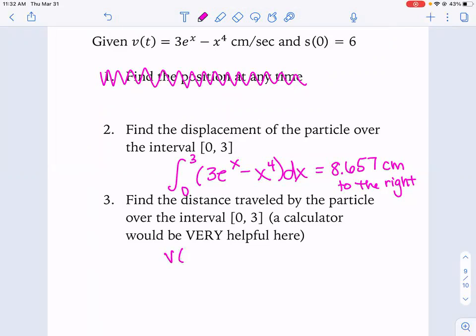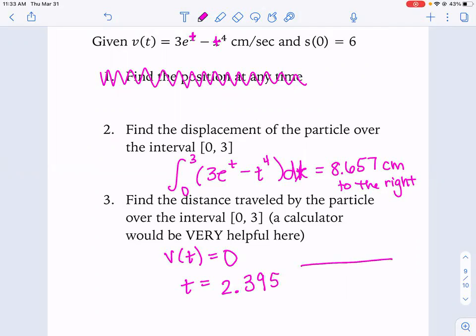I have v of t equals 3 e to the x. Nice work, Sherry. All right, where does v of t equal 0? 2.395.